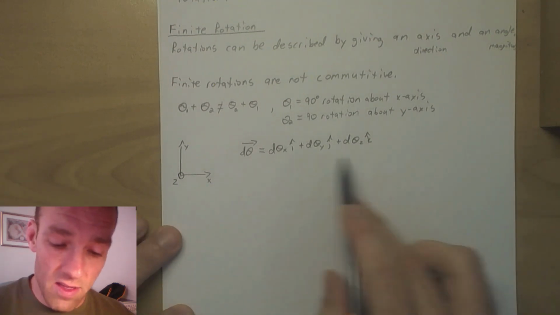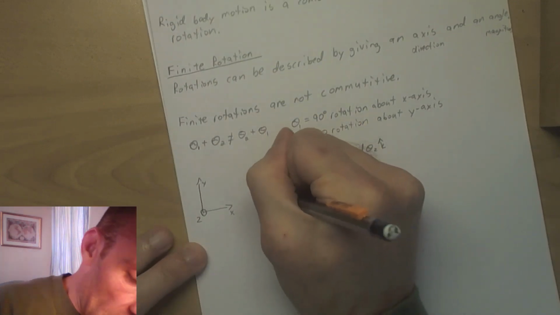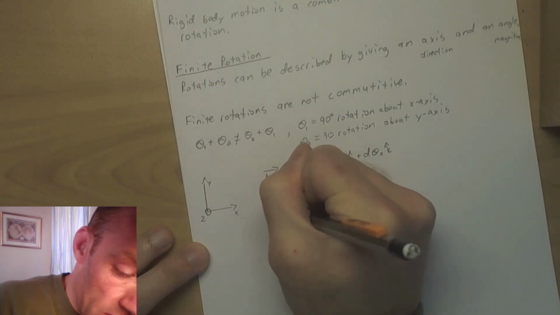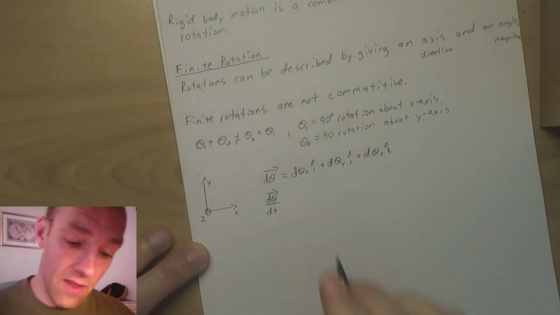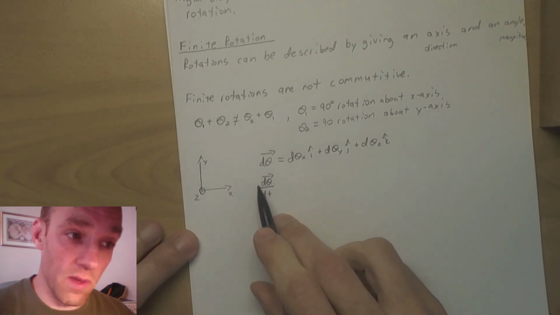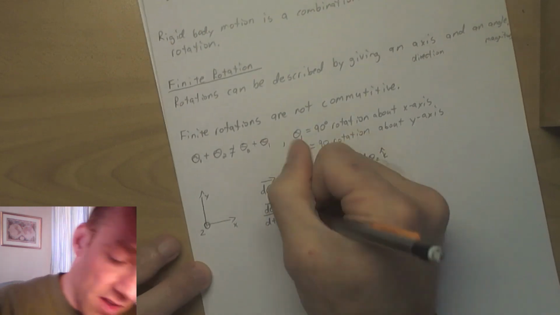So this is a kind of useless thing. However, say the ratio of a small rotation with a differential time, now that could be useful. You can start to see this is going to be a velocity of sorts. So it's going to be like a rotational velocity.